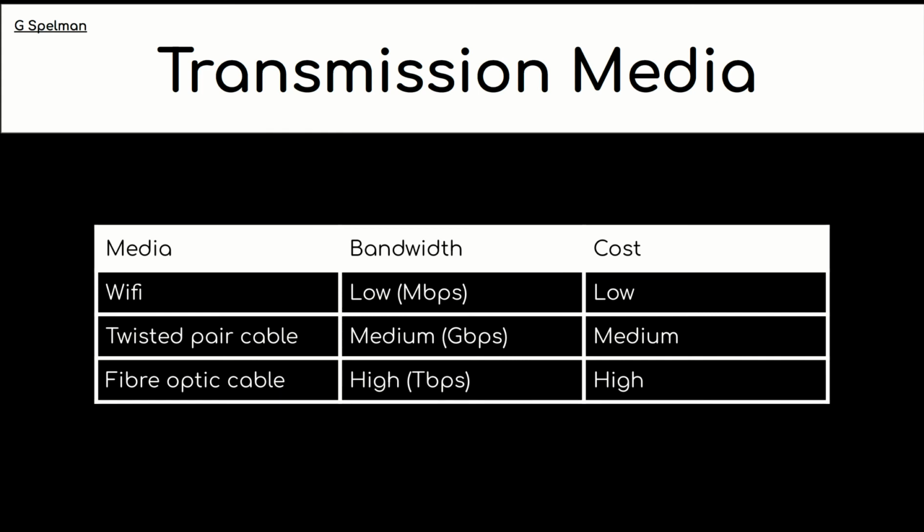We looked at transmission media in another lesson, but here are some examples. So Wi-Fi, we know, has a very low bandwidth. It's measured in megabytes per second, but then of course it's not that expensive. Copper cable is measured in gigabytes per second. So again, that's better than Wi-Fi, and it's a bit more expensive.